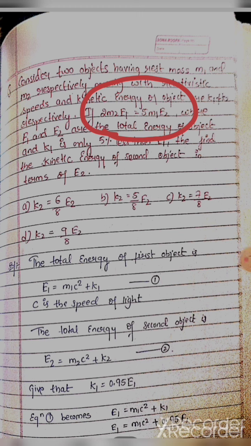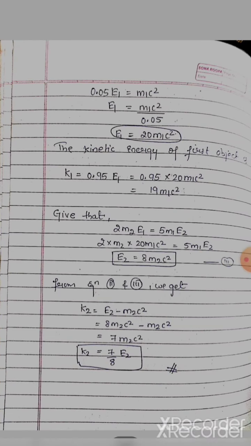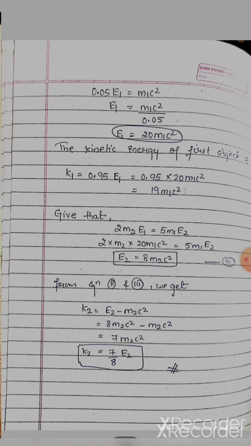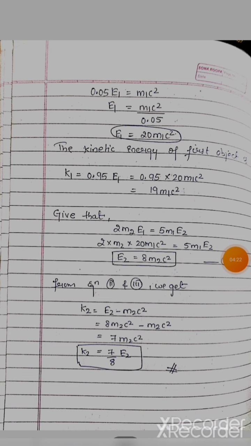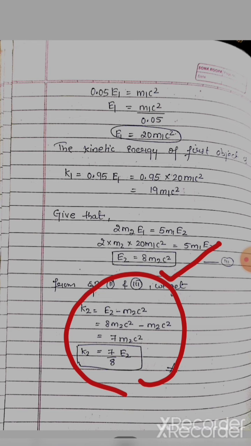We got the value of E1, substitute that value and your equation will be reduced to 2m2 E1 is equal to 5 times m1 E2. The E1 value is substituted in the given relation and you will get the value of E2. Substitute the value of E2 in equation number 2 and the value of K2 is 7 by 8 E2.